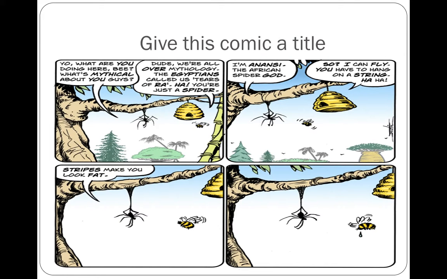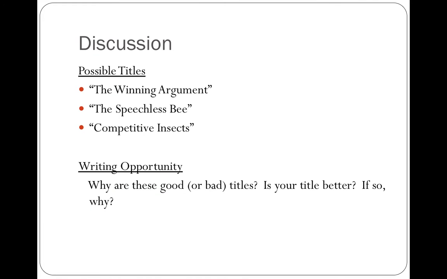So if you go back to the slide with the comic, you see that the spider and the bee are kind of arguing about which one is better, and the spider ends up with, well, stripes make you look fat, and then the bee is apparently crying. So some possible titles could be the winning argument, the speechless bee, competitive insects.